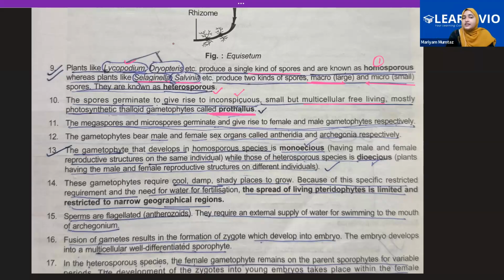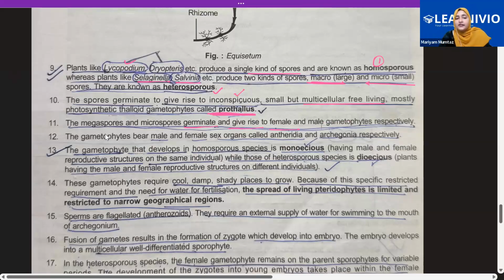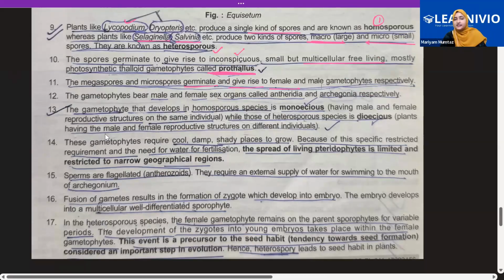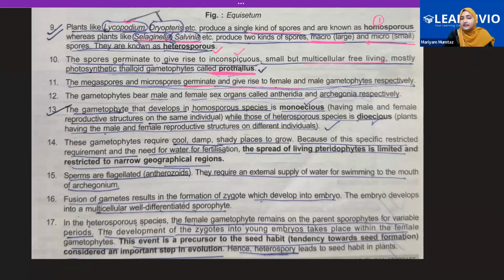The megaspores and microspores germinate and give rise to female and male gametophytes respectively. The gametophytes bear the male and female sex organs, called antheridia, and the female ones are called archegonia. These are the gametophytes and their names.